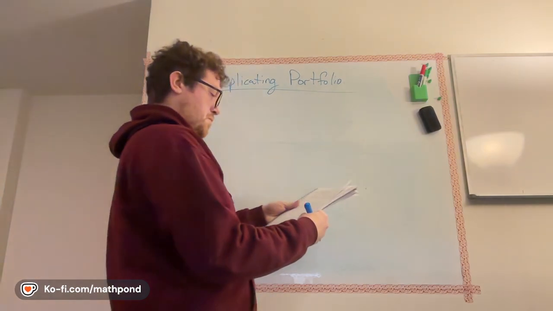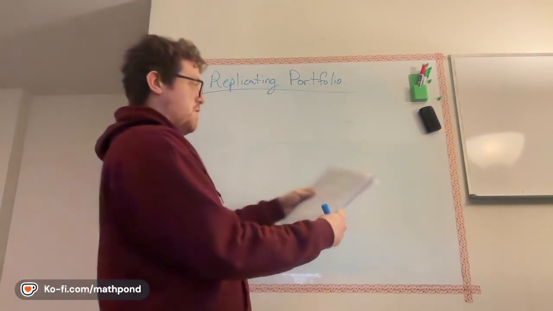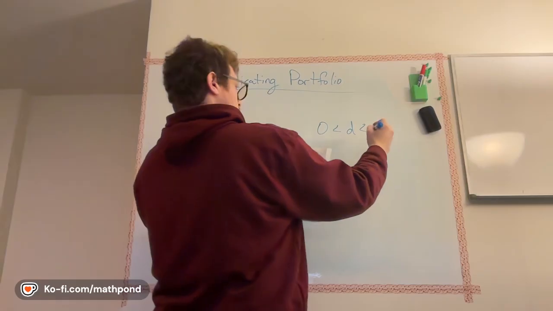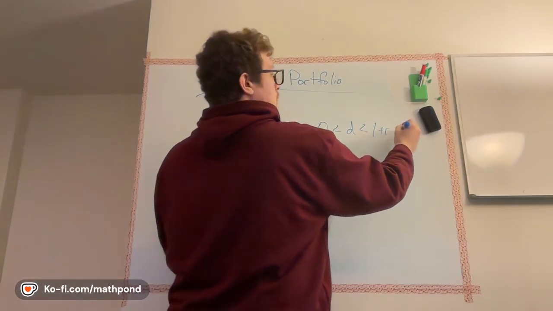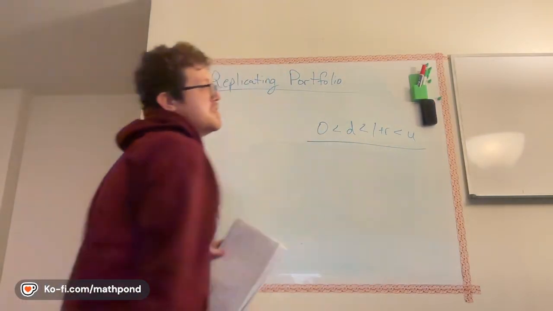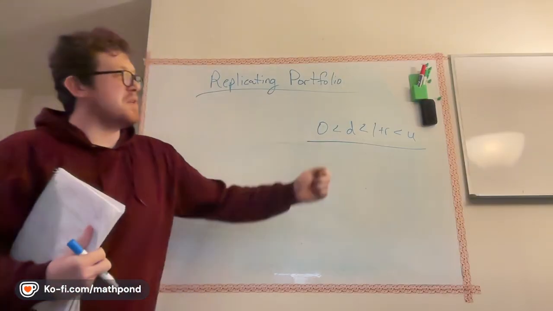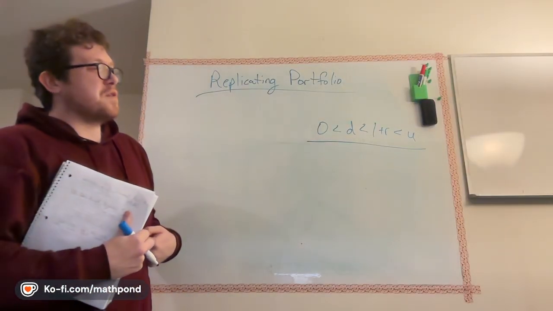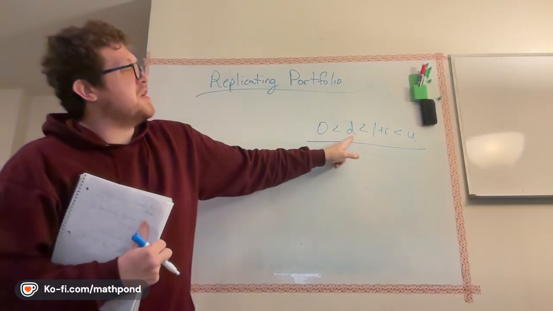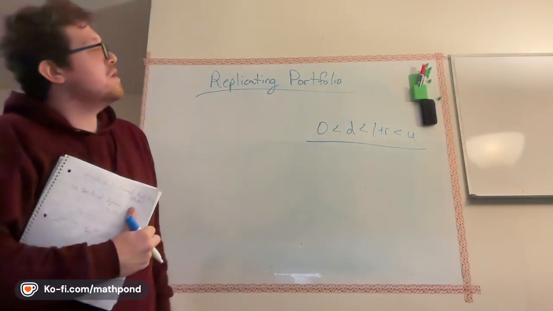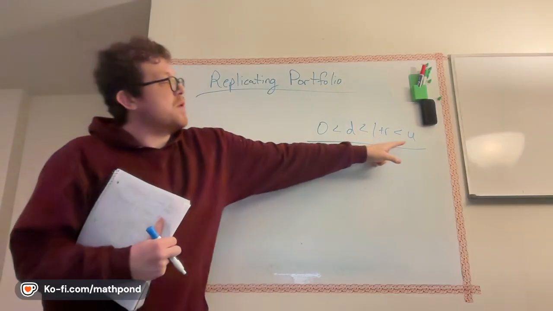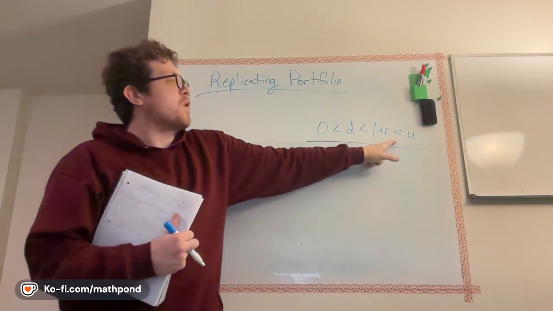So, what was it again? Oh, right here. Yeah, so this restriction, the reason this restriction exists is because I believe you would be able to make basically some risk-free profit. Like if the D was larger than this, then no matter what happened, you would always make more than the risk-free rate, whether the stock went up or down.